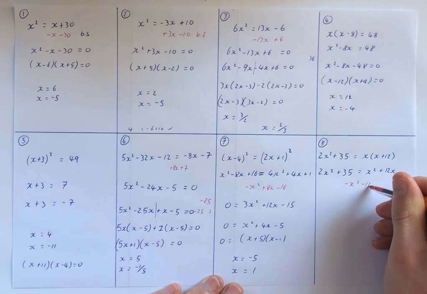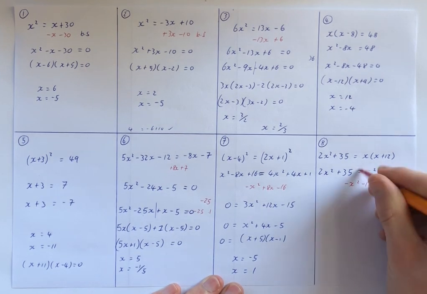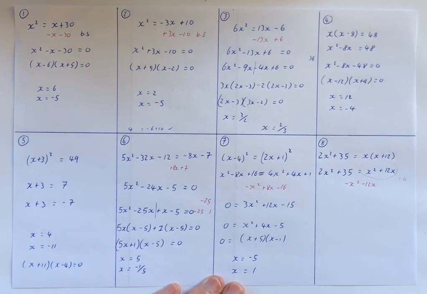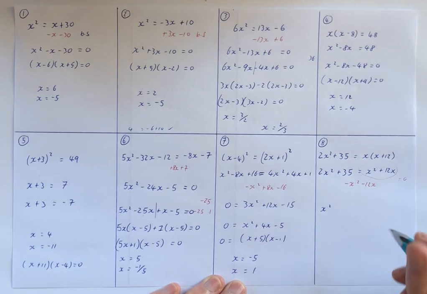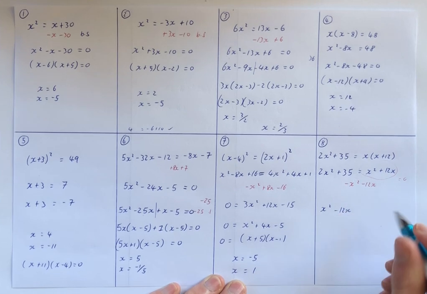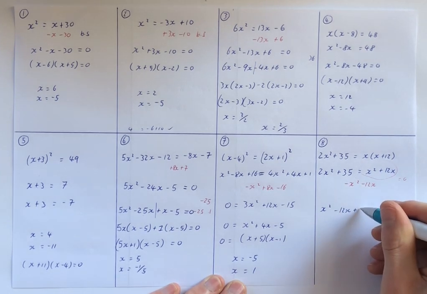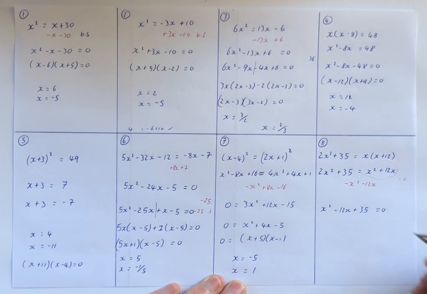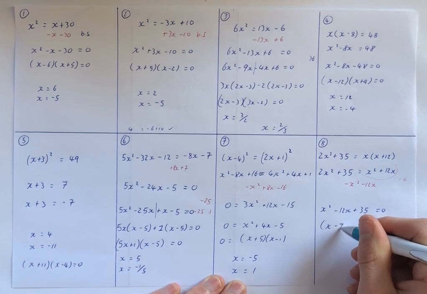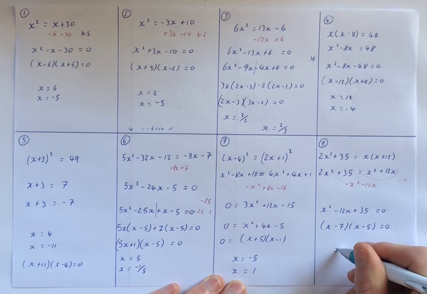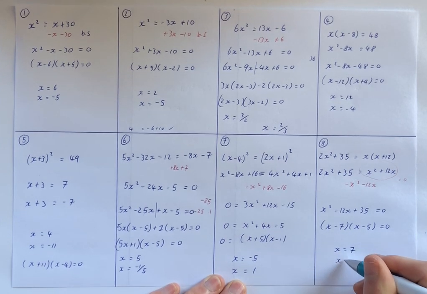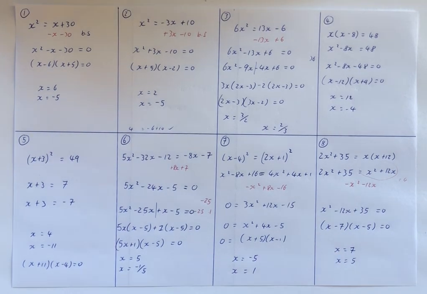And we want to subtract 12x so that this side equals 0. Which is going to give us just 1x squared on the left-hand side minus 12x plus 35 equals 0. X minus 7, x minus 5 equals 0. X is 7 and x is 5.